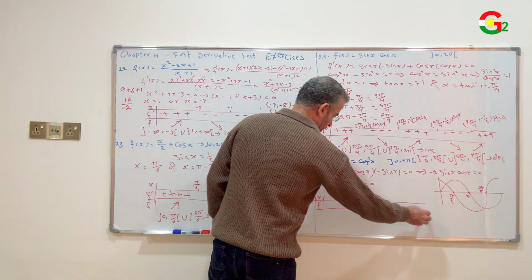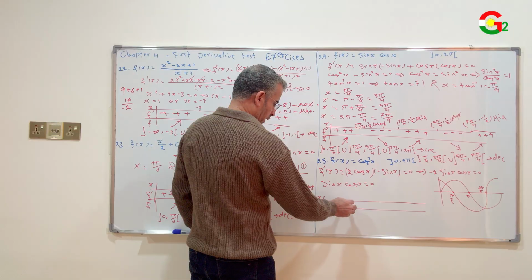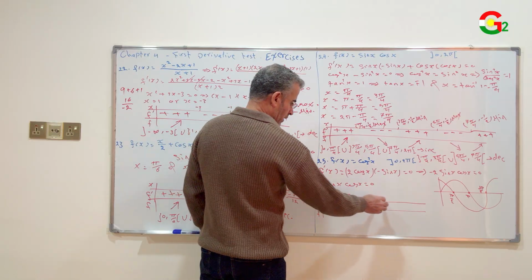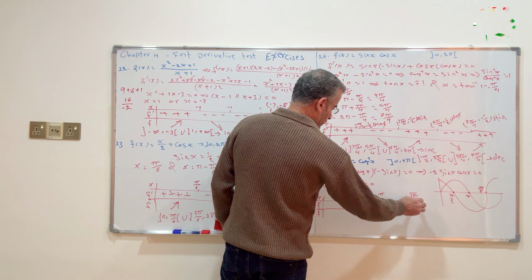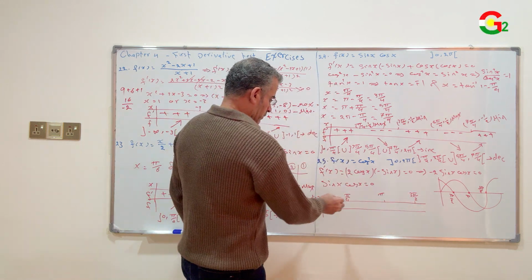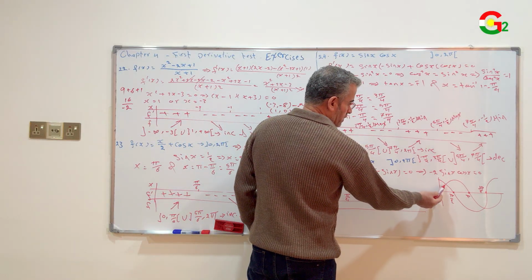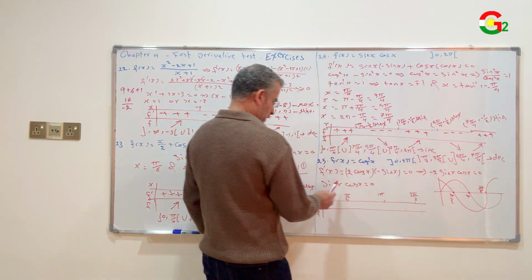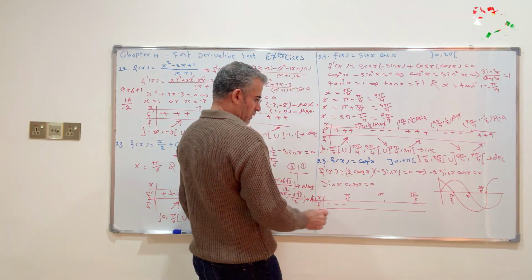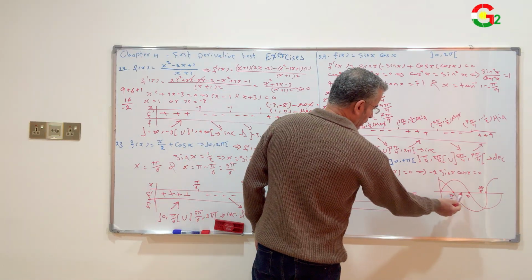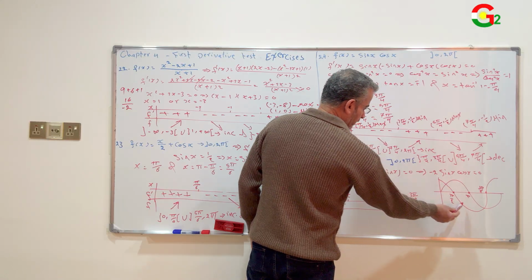Find the sign of the derivative at these points, pi over 2, pi, and 3 pi over 2. Before pi over 2, both cosine and sine are positive. Positive times negative 2, it is a negative value. Between pi over 2 and pi, the sine is positive and cosine is negative.